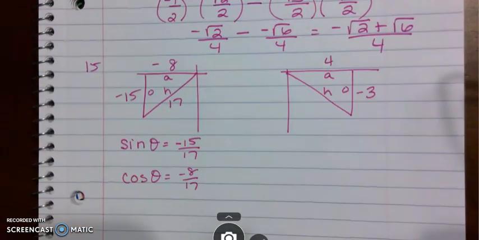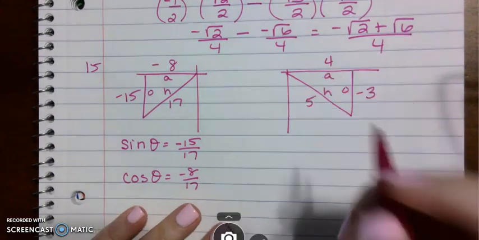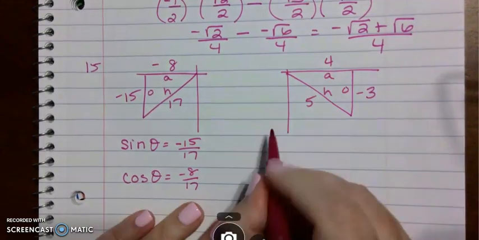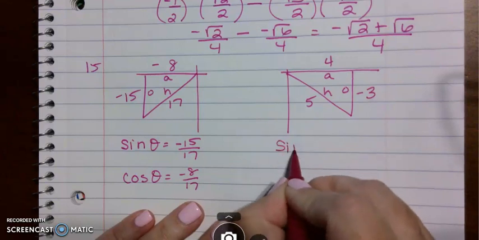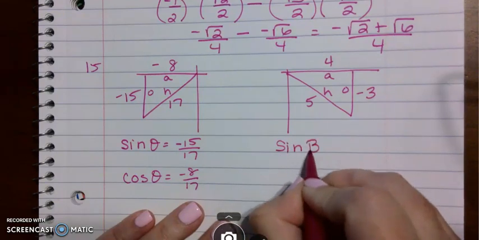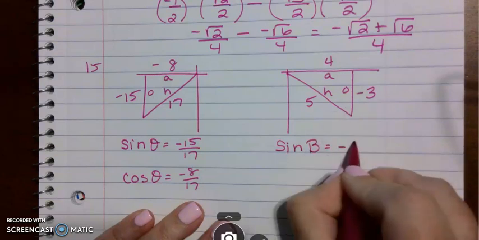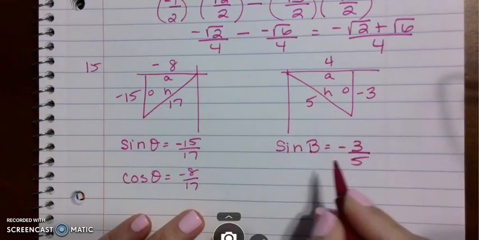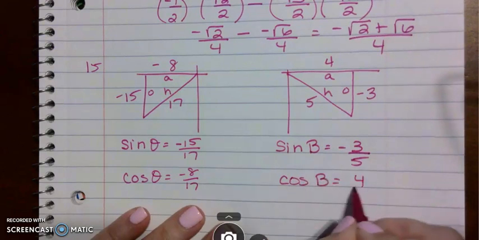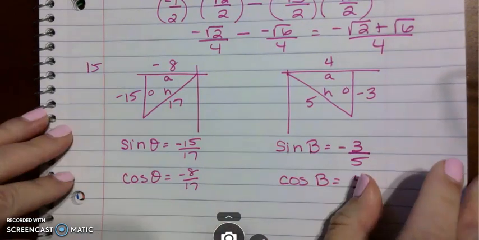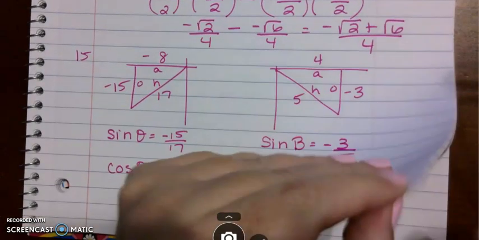The 3 is negative because it's on the y, and this is a 3, 4, 5 triangle. So sine of B is going to be opposite over hypotenuse, and cosine of B is going to be adjacent over hypotenuse.